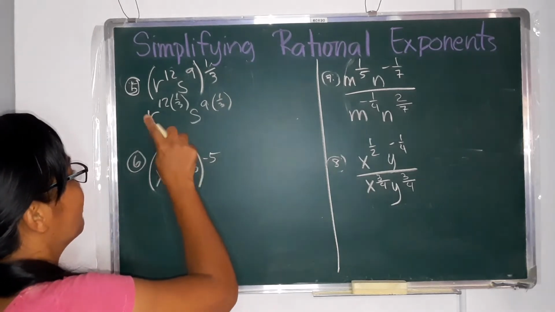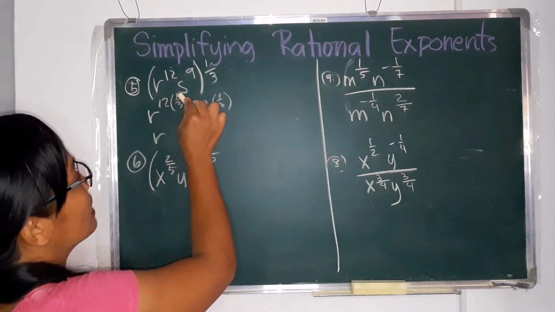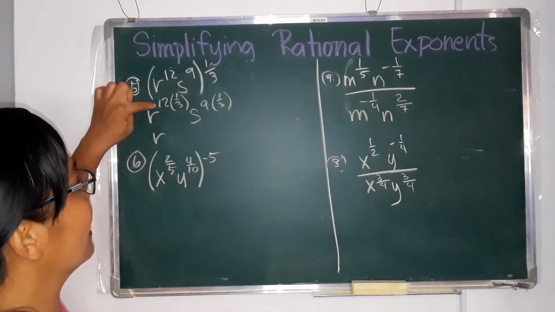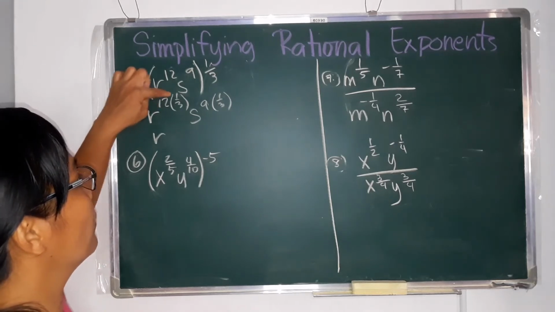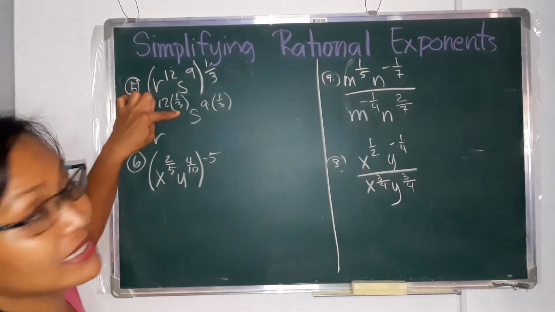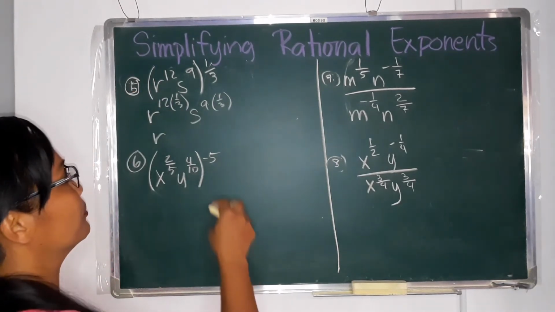Simplify. So R, copy the base, then 12 times 1 is equal to 12. But instead of doing that, the long method is you're going to multiply the whole number with the numerator. So 12 times 1 and then divided by 3. We can also do the cancellation. It is much more easier.